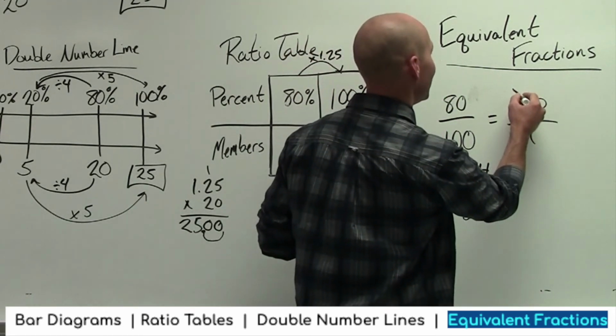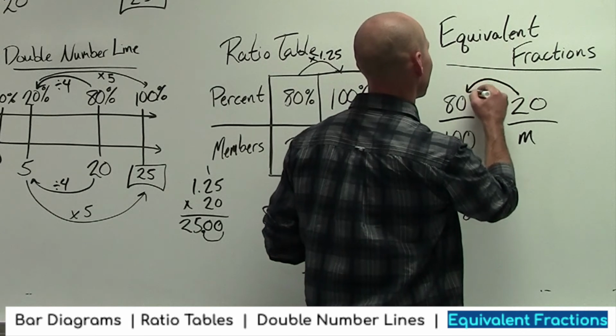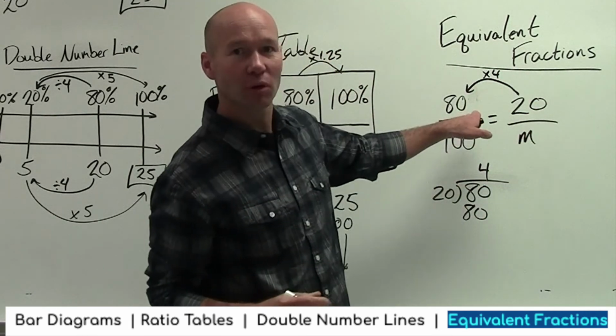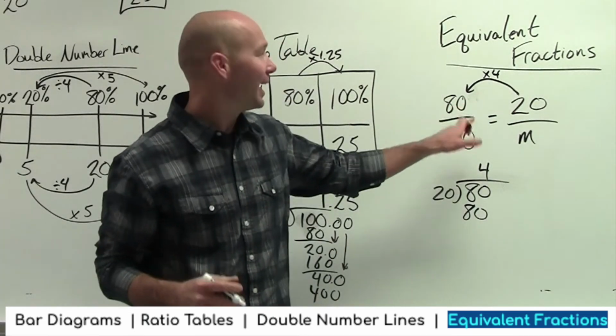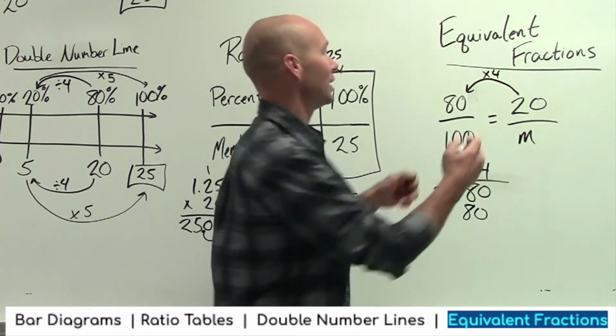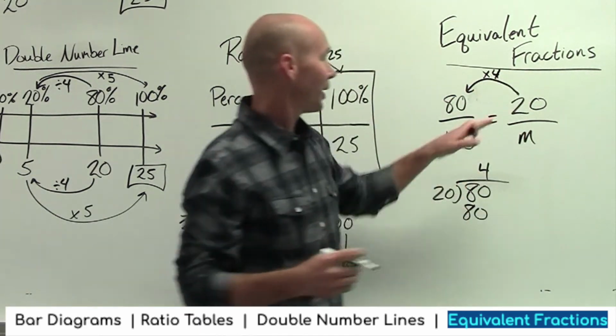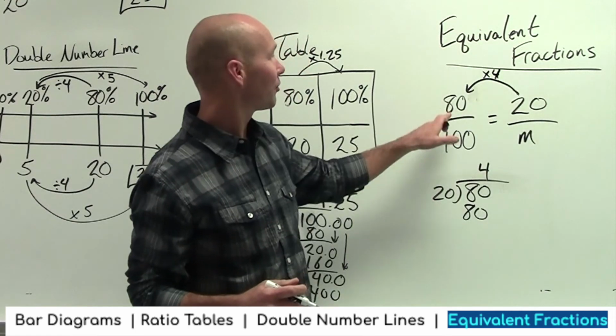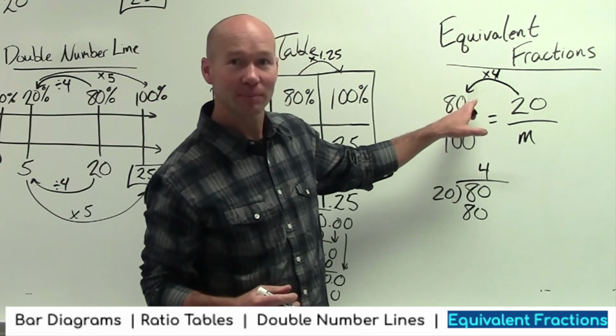So therefore 20 times 4 equals 80. 80 divided by 4 equals 20. So we can go either direction on that. 80 divided by 4 is 20. 20 times 4 is 80.